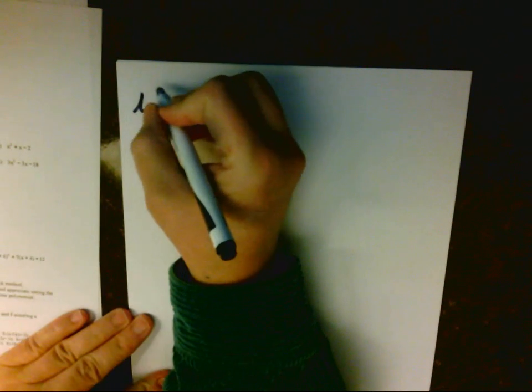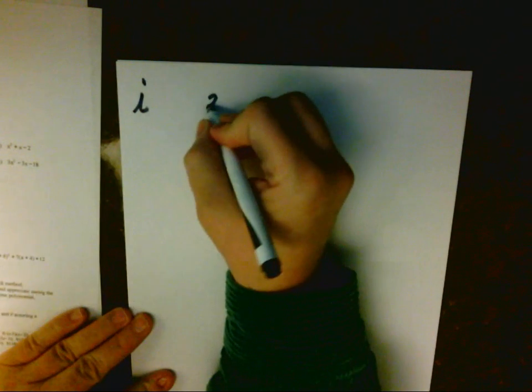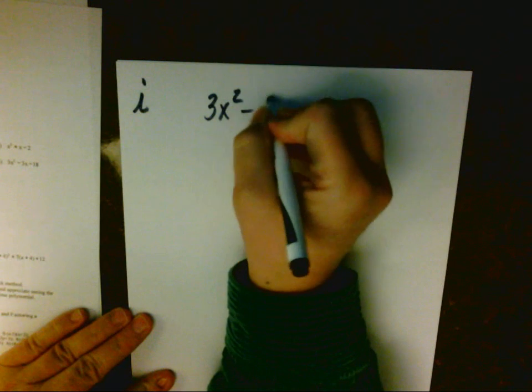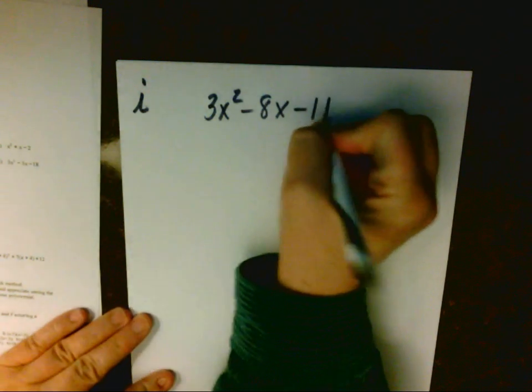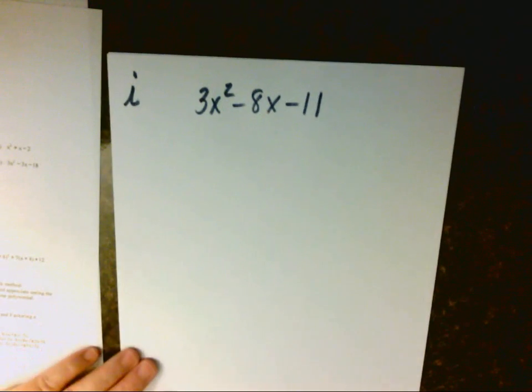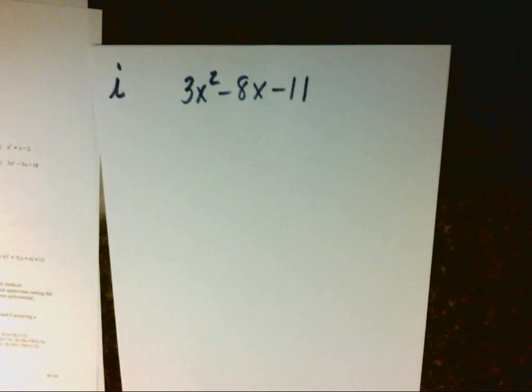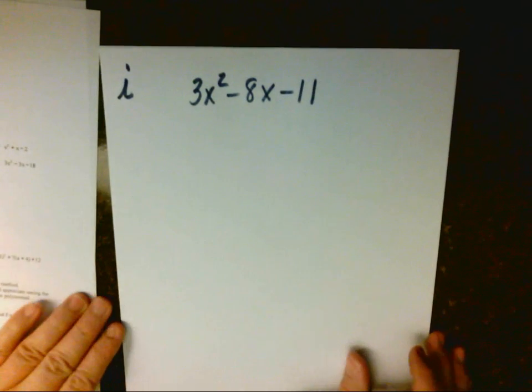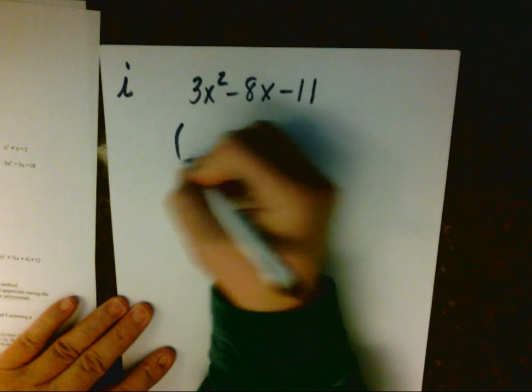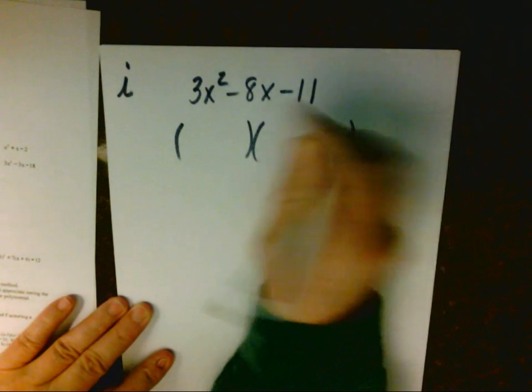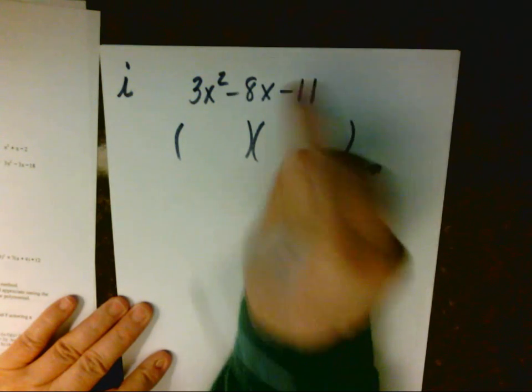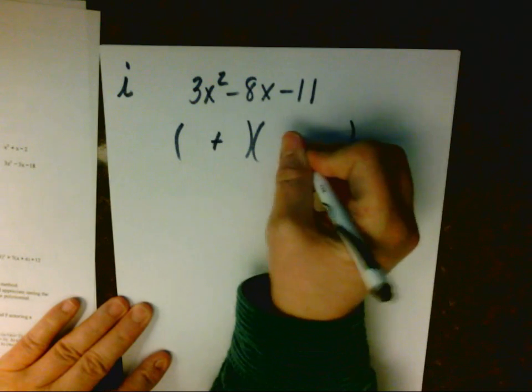This is still on number 2. 3x squared minus 8x minus 11. The good news is we're doing this all in one long video here. Okay. My signs. Since it ends in a negative, I have to have a positive and a negative.